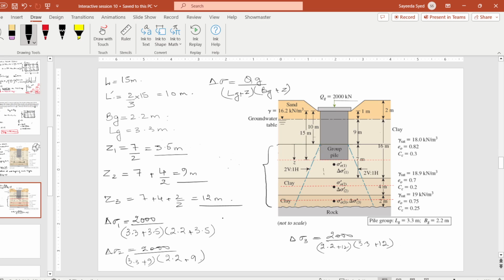So our delta sigma 1 equals 51.6 kilonewton per meter square.